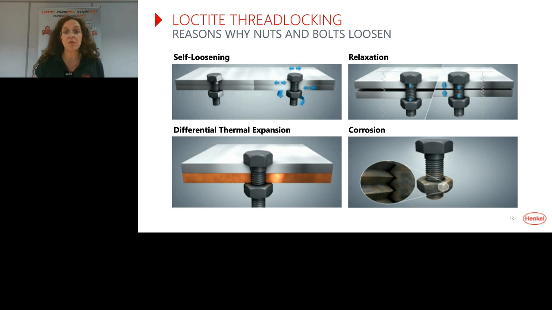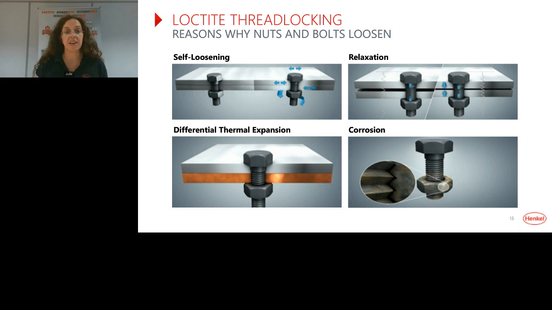There are four main reasons why bolts loosen, and we're going to look at those now. There's self-loosening, and that's due to these gaps that we talked about. Due to those gaps, vibration is possible, and with vibration, the assembly will eventually loosen. Relaxation can occur after you torque the bolt up. There'll be some relaxation in the bolt over time, and eventually that will lead to loosening.